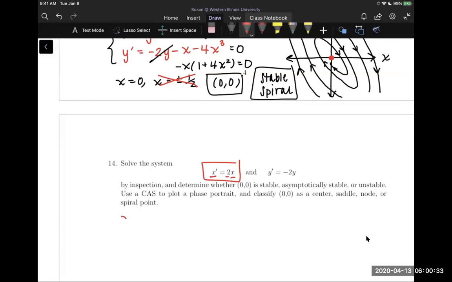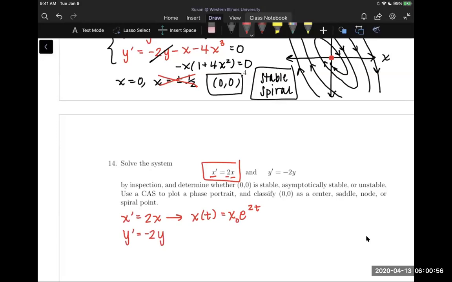So for x prime equals 2x, our solution by inspection is going to be x of t equals e to the 2t. But remember, we could have any kind of constant out front. So I'm just going to call this the initial position x naught here. And then the second DE is very similar.